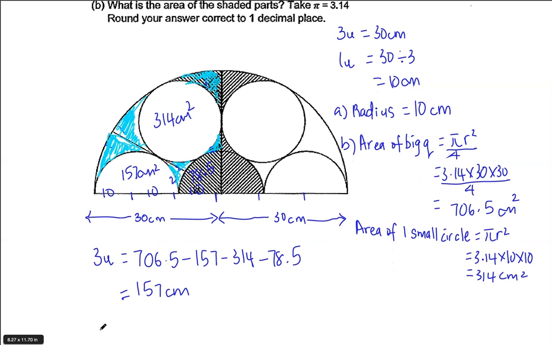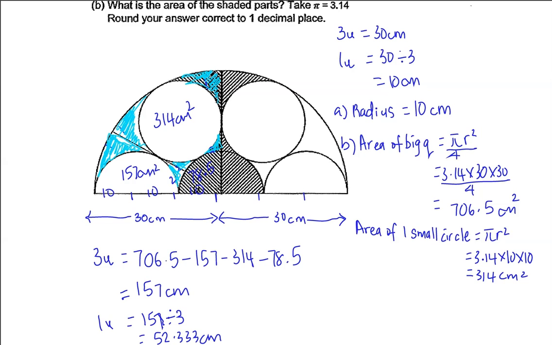Then again, we strive to look for 1 unit, right? So 1 unit is 157 divided by 3. We should have 52.333 cm squared, right?